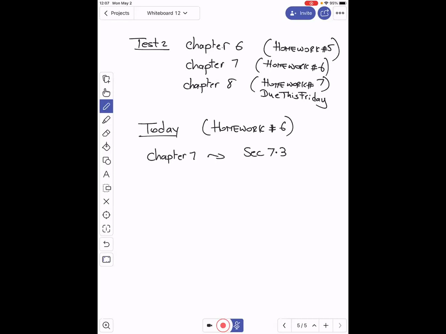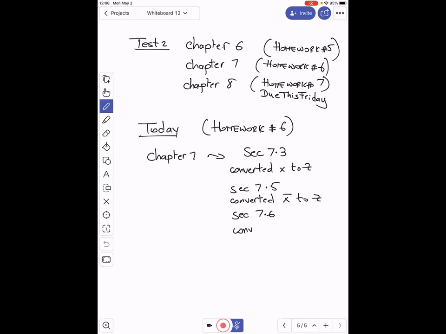In 7.5, we converted x bar, the sample mean, to z. And then there is section 7.6, where we converted the number of successes, which is the variable of a binomial distribution, to z.